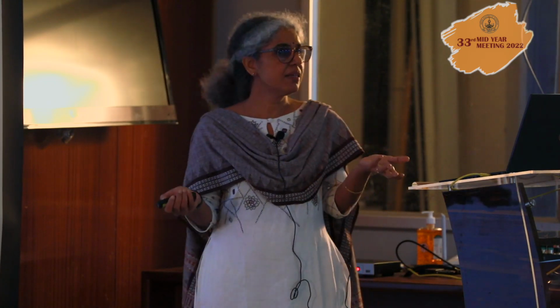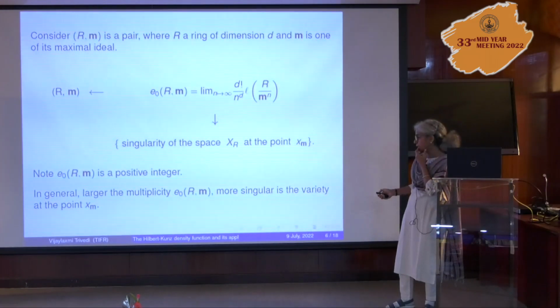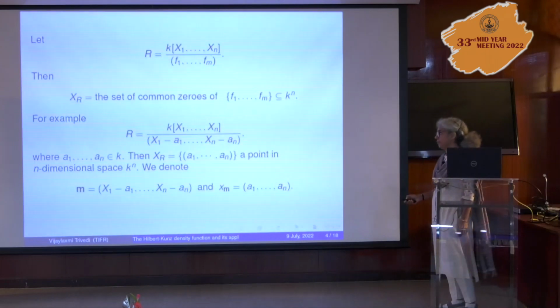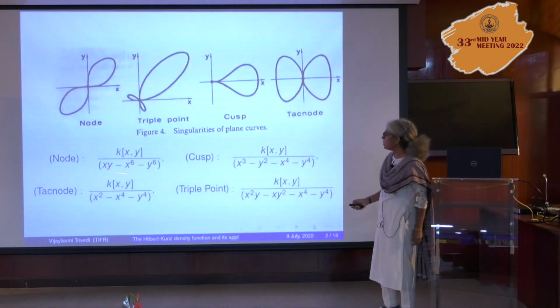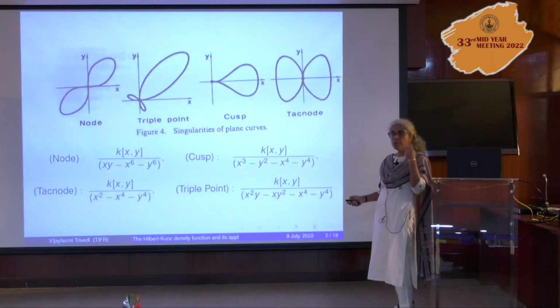What this number detects for the ring is the singularity of X_R at the point X_M. This is always a positive integer. So we go back to our first slide. Here this is a node. At any ordinary point, if I compute my e_0, the answer is going to be 1.